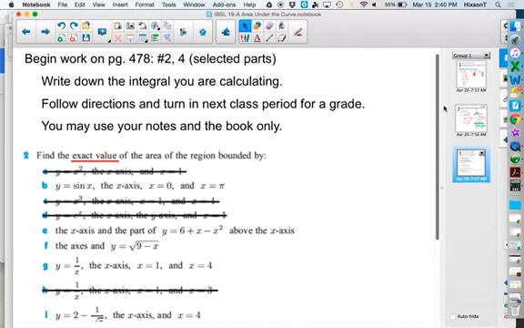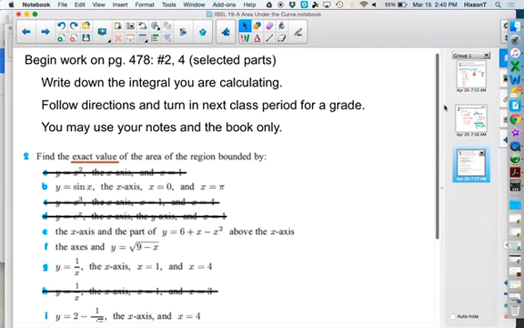Now, another thing. This will be a grade. This is a summative. It's basically kind of an open notes, open book quiz. You may not work together on this. You need to work on your own, using your notes, using your book. If you haven't taken notes, then you've got your book.